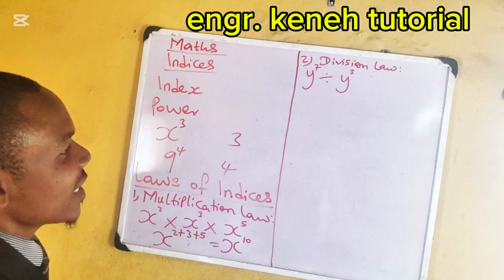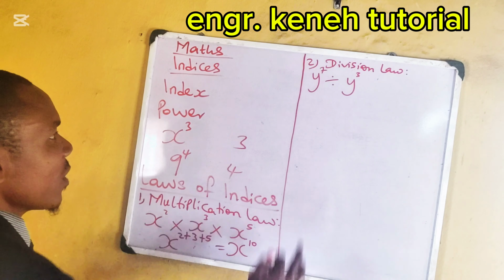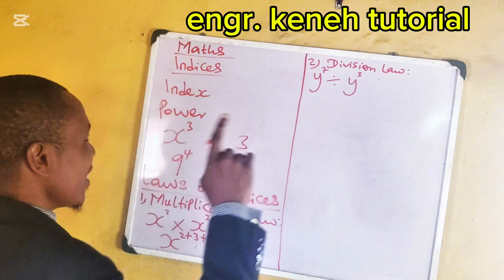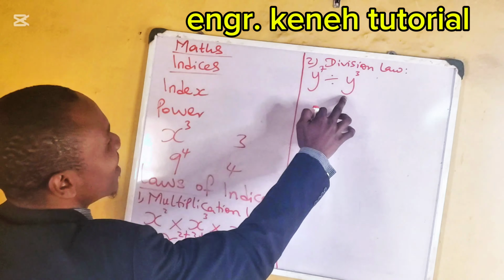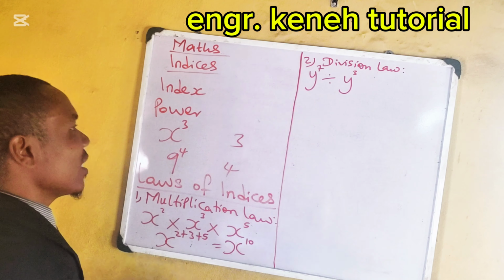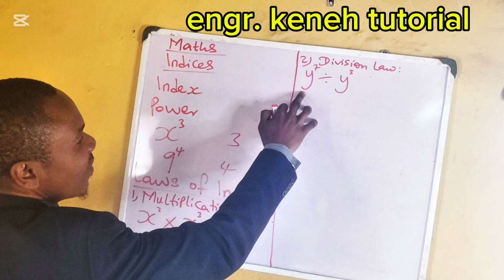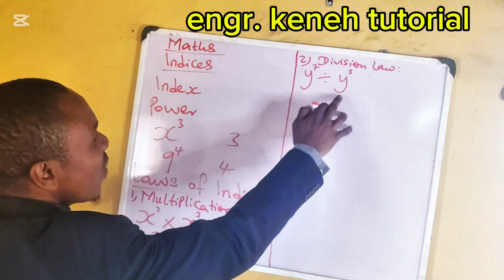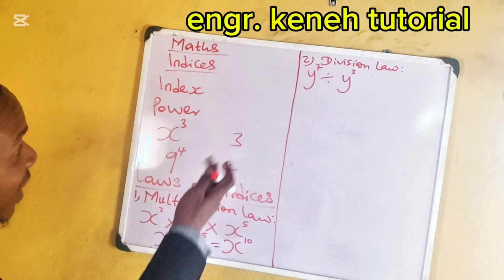When you look at this now, you have y here and you also have y here. When you have y here and x here, it cannot be applied. If you have 5 here and you have 7 here, it cannot be applied. For this to be applied, you must have 5 here, 5 here, 7 here, 7 here, y here, y here, x here, x here, and so on and so forth, just the way we have here now.